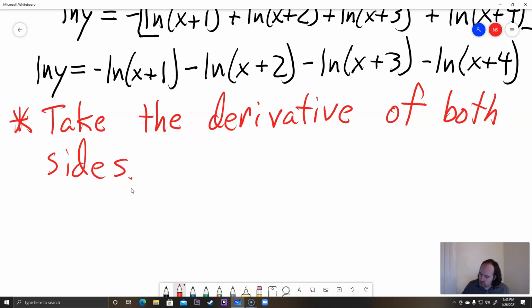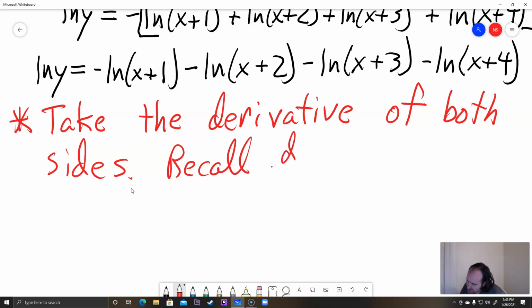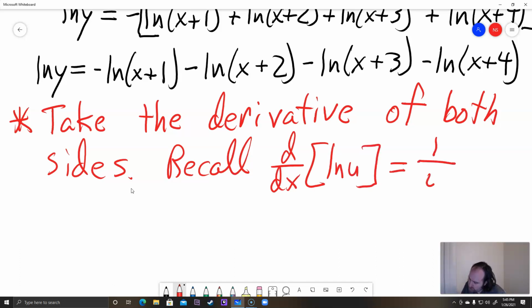And remember the rule for the derivative of a natural log is d dx of ln of u equals 1 over u times u prime. Okay, so the derivative of a natural logarithm is 1 over the inside times the derivative of the inside. So 1 over u times u prime.